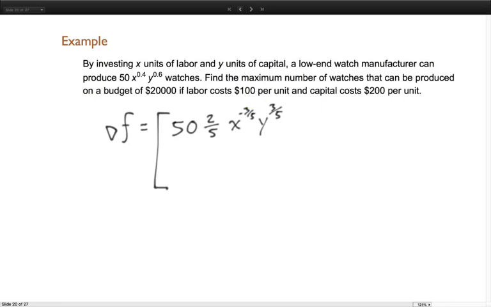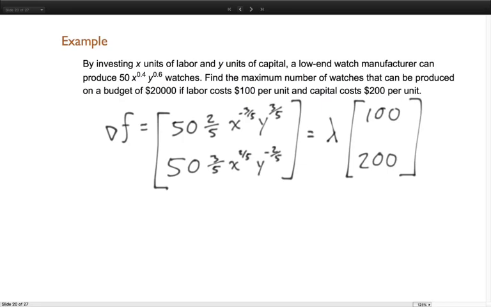That's not a coincidence either. For y, similar story, got 3/5 here, and the right-hand side is fairly trivial. Lambda times 100, 200. I have a constant gradient for a linear function. Now, let's neaten up these coefficients a little bit first. We got 20 and 30 there.